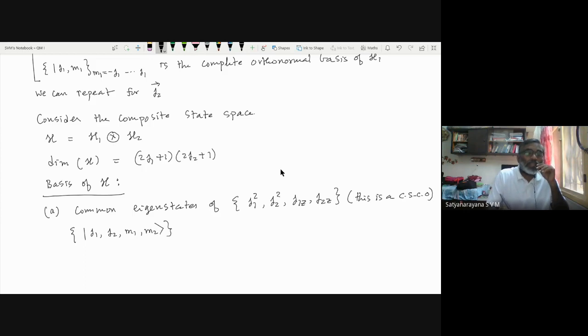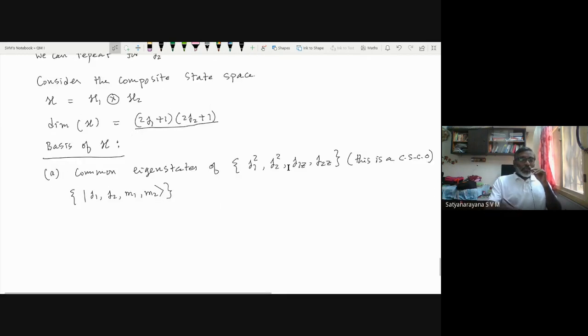So this is essentially a direct product basis. This basis is J1, M1 product J2, M2. That's all. And since M1 has 2J1 plus 1 values and M2 has 2J2 plus 1 values, this basis will have 2J1 plus 1 into 2J2 plus 1 members.